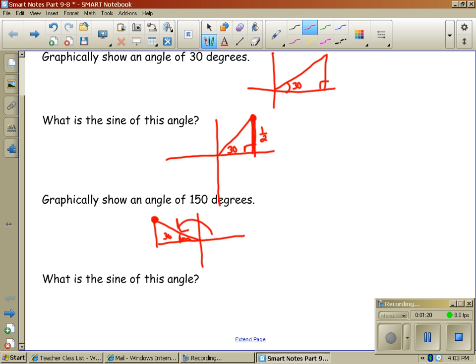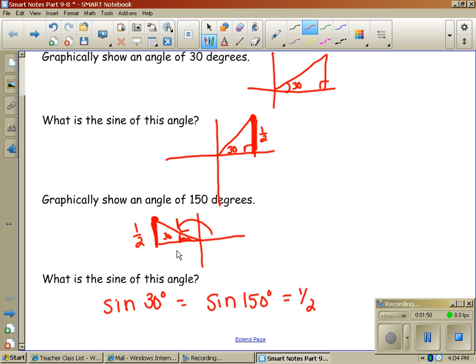So isn't the y value of this the same as the y value of this? 1/2. In other words, the sine of 30 degrees is equal to the sine of 150 degrees, which is 1/2. And that's because the sine is the y value, and the y values are the same for 30 degrees and 150 degrees.